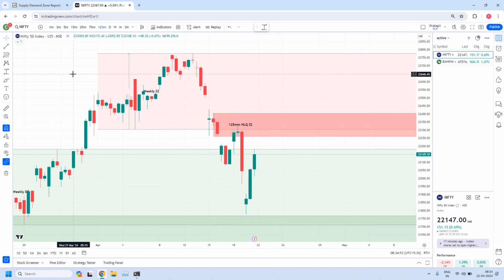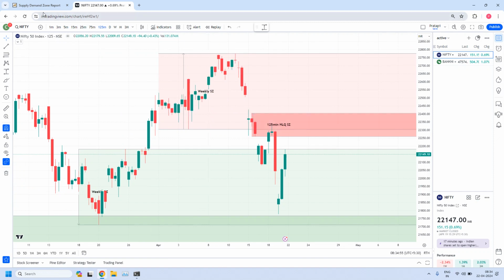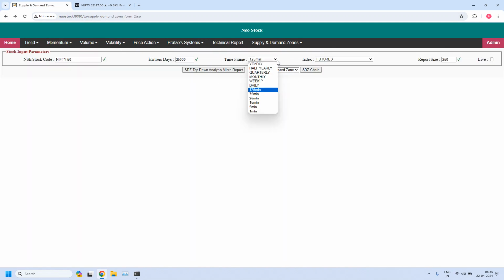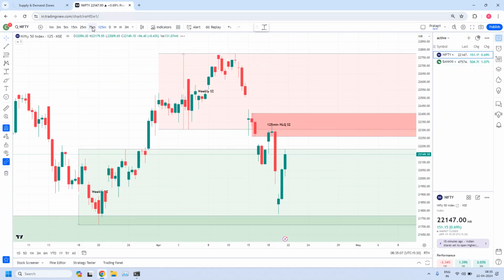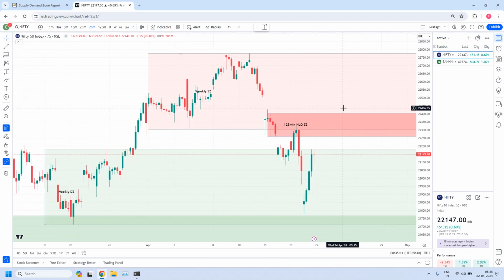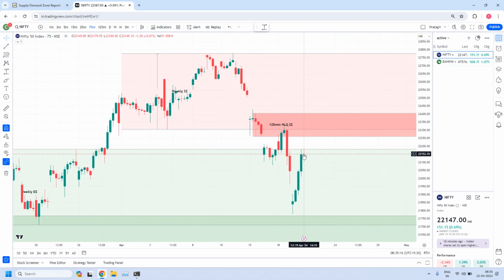And now what do we do? Let's move on to the next time frame, that is 75 minutes time frame. So in 75 minutes time frame, let us generate the chain. Meanwhile, here also let me change the time frame. See here rally base created.